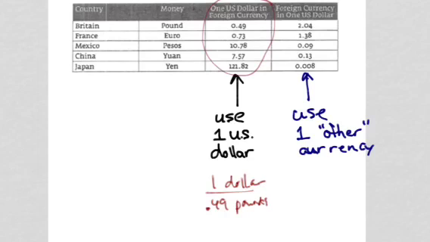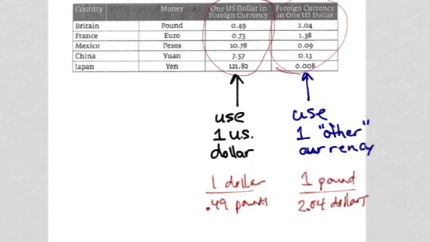That's how you'd set up that conversion factor. Whereas the second column, it's using the foreign currency as the item of one. So for example, the same exact row, that same exact pound, if I used 1 pound, then I would use $2.04.